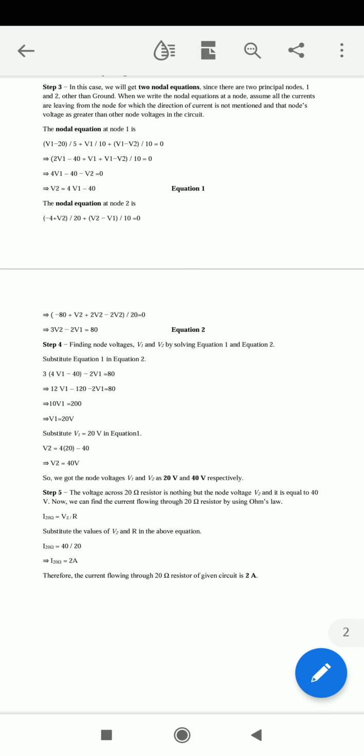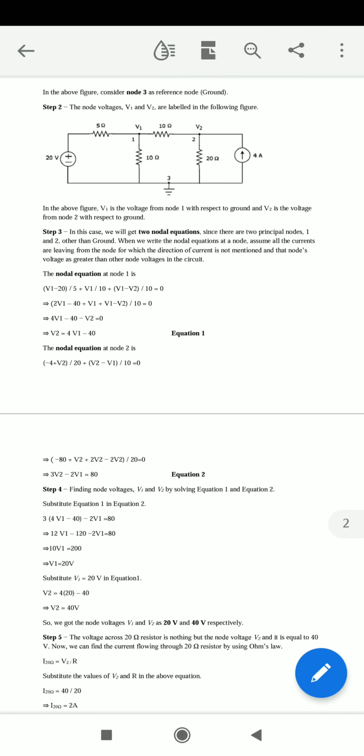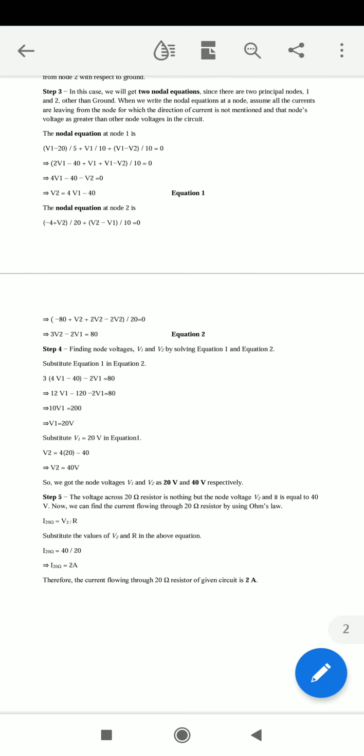The nodal equation of the second node: two resistors are connected, and a current source is also present.